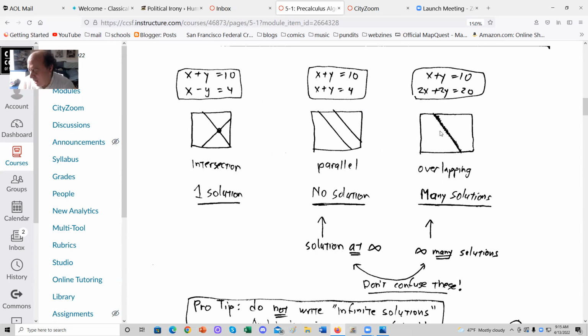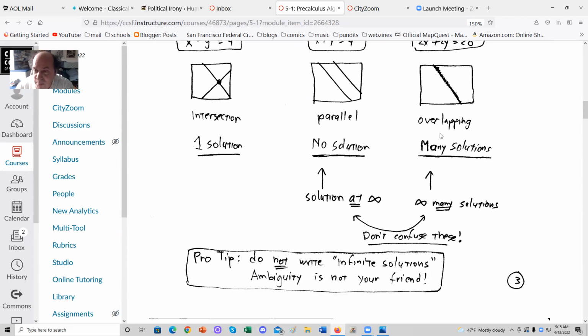Now, there's a problem which I constantly run into. Please don't fall into this trap. For the parallel lines, you can say that there's a solution at infinity, sort of like how railroad lines seem to meet off at the edge of the horizon. All right, so they meet at infinity, whereas the overlapping lines, they're infinitely many solutions. These are entirely different. A solution at infinity and infinitely many solutions are completely different.